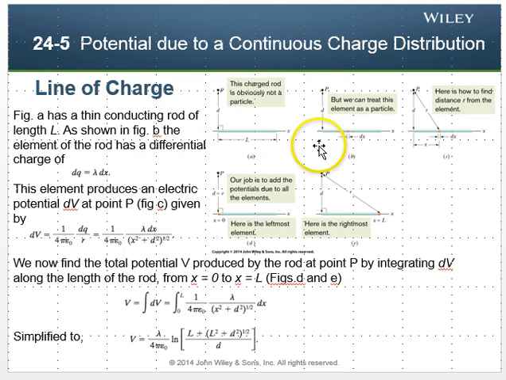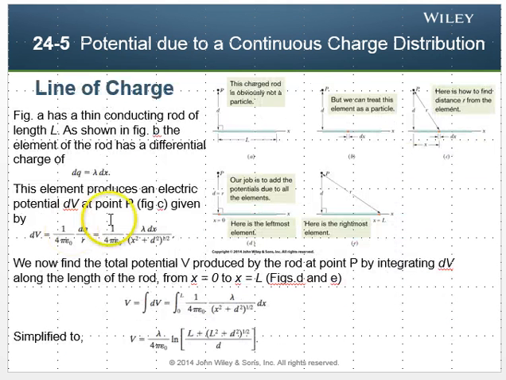So this is a finite charge. We're integrating from 0 to L, and we end up with the log function because it's 1 over r. So we can get this.